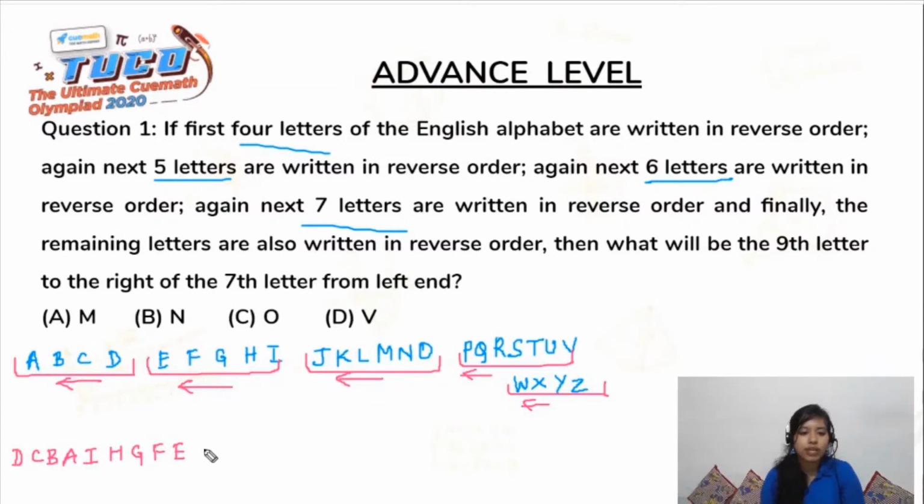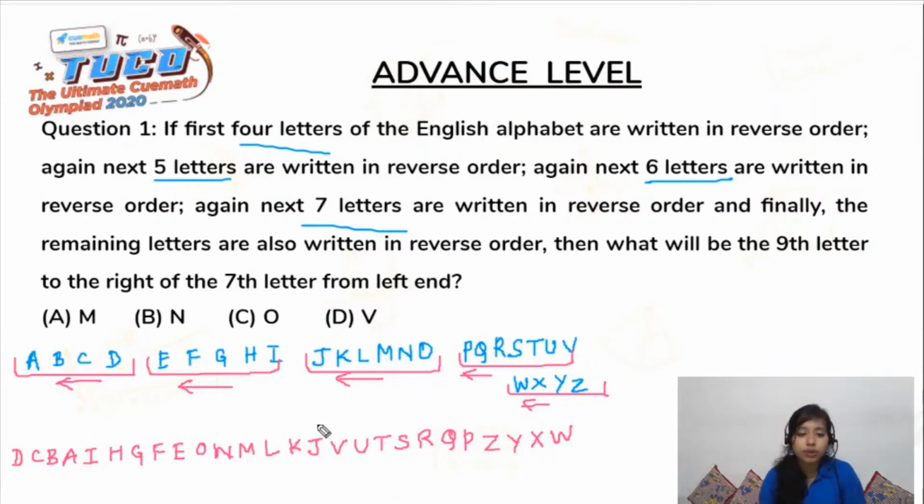For the third one, O, N, M, L, K, J. Then the next one is V, U, T, S, R, Q, P. And then the last set is Z, Y, X, W. Okay, this is the one.